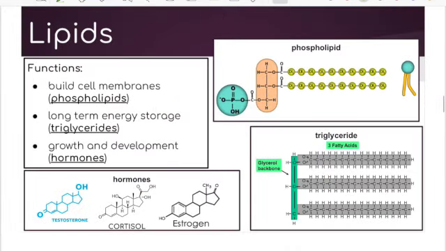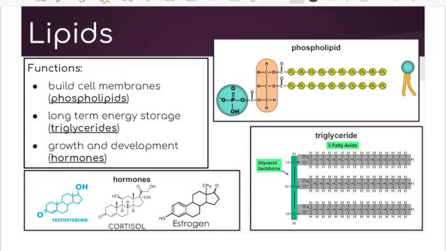All right, lipids have lots of functions in living things, but primarily the ones that we're going to discuss the most are that they build cell membranes. There's a specific type of lipid called a phospholipid, which we'll talk about in a second. They're also used for long-term energy storage.